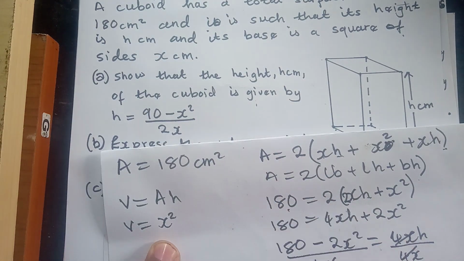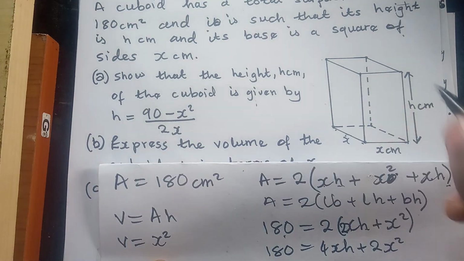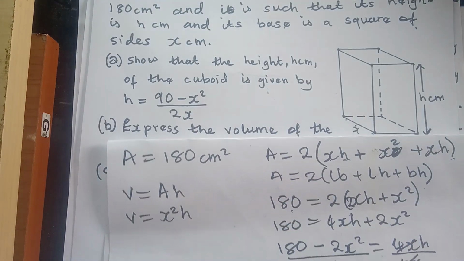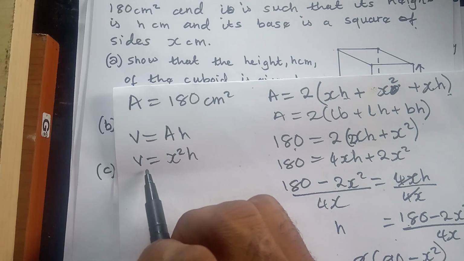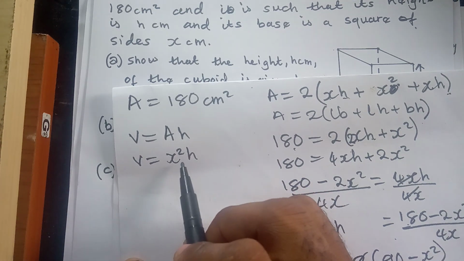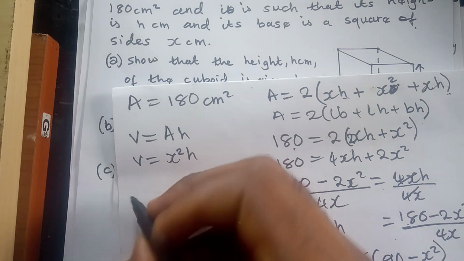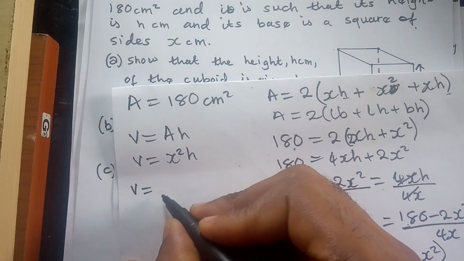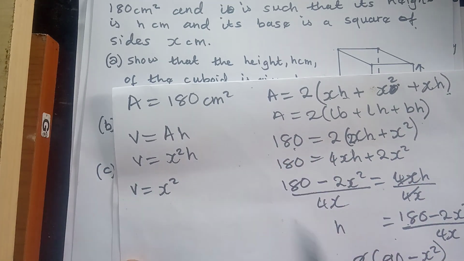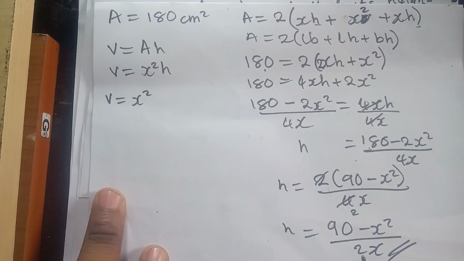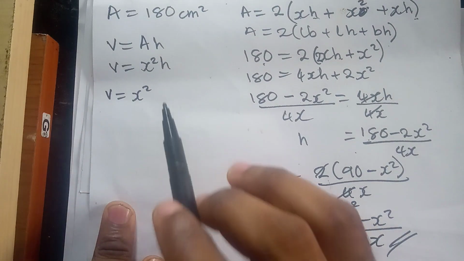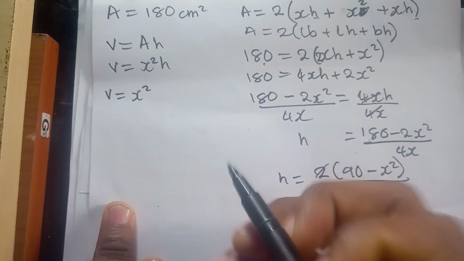So we have x squared multiplied by h, like this. But then we want the volume in terms of x, not h and x. So since we know that h is equal to this thing here, I'm going to substitute this on the h.